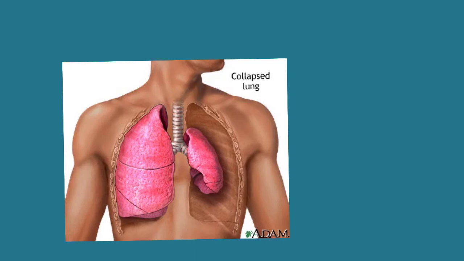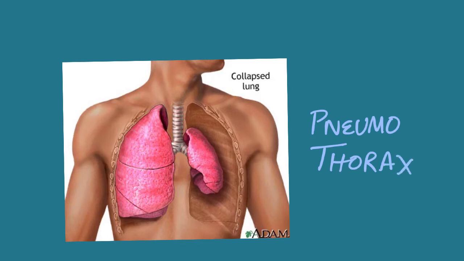So what happens if the intrapleural pressure is higher than the intrapulmonary pressure? The danger of that is collapsed lung. Another name for the collapsed lung is a pneumothorax. Pneumothorax. Thorax meaning chest, and pneumos means air.